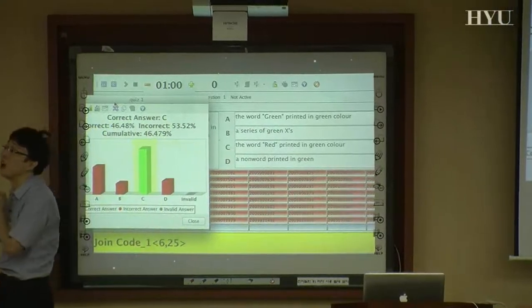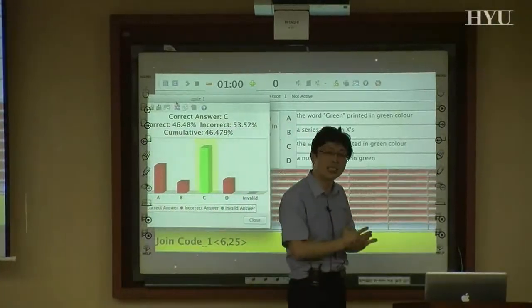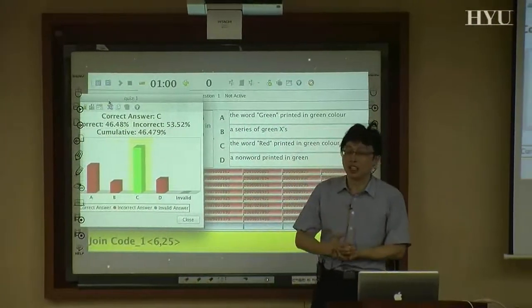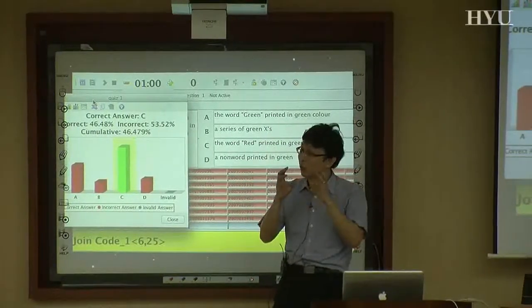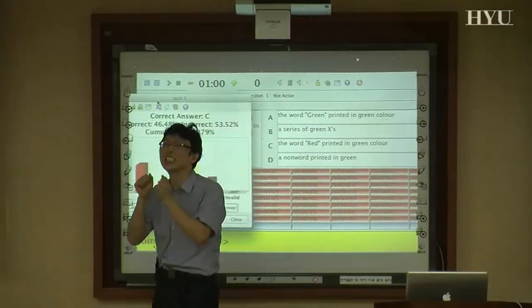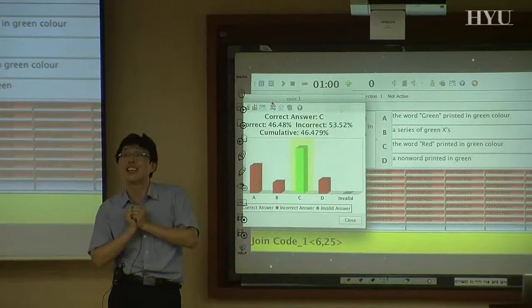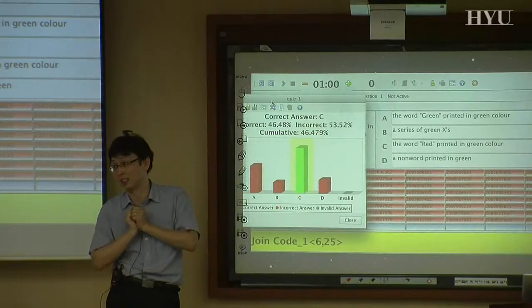So it is much faster. But in C, if the text is red and the color is green, these two pieces of information, one is color and the other is text information, are in conflict. Okay, colliding with each other, so it takes time to identify the color.